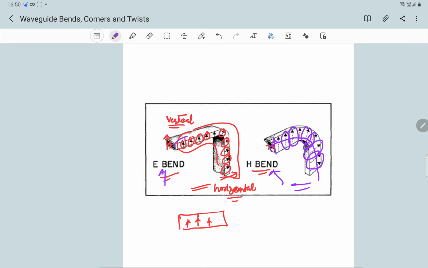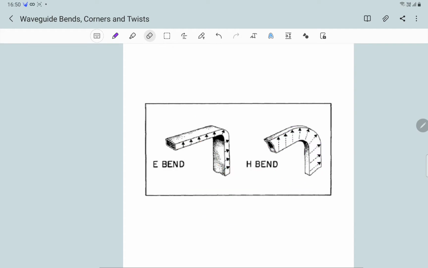There's a rule of thumb for identifying an E bend and an H bend. E stands for easy, H stands for hard. So it is easy to bend a waveguide like this than to bend a waveguide like this.